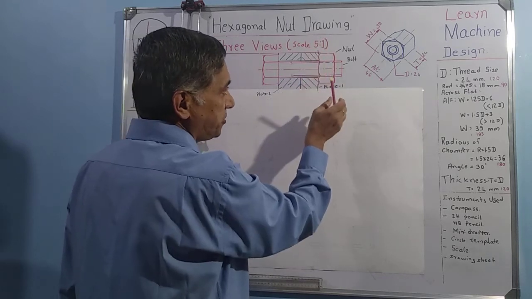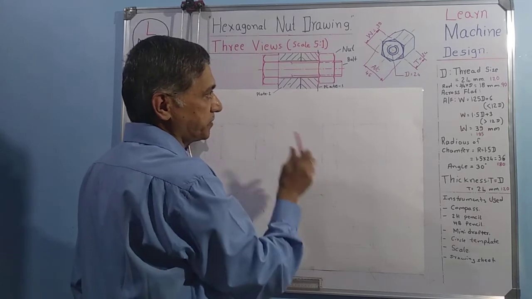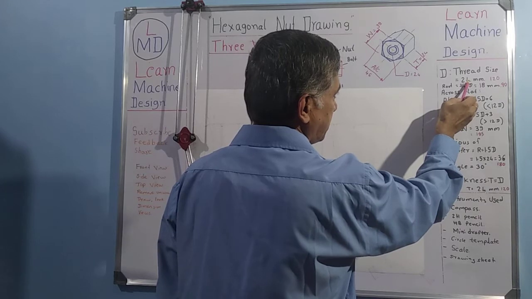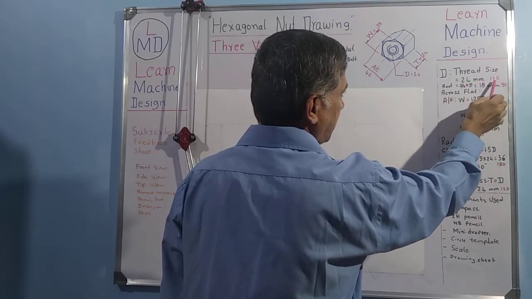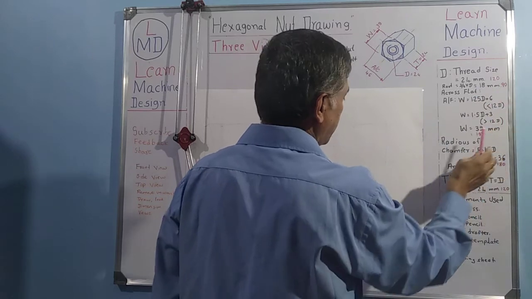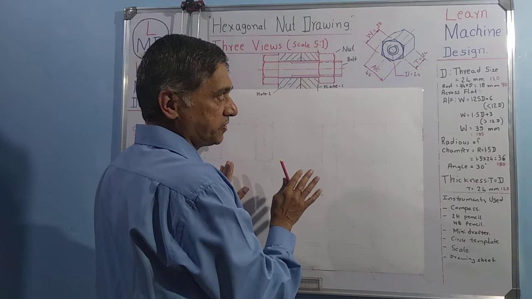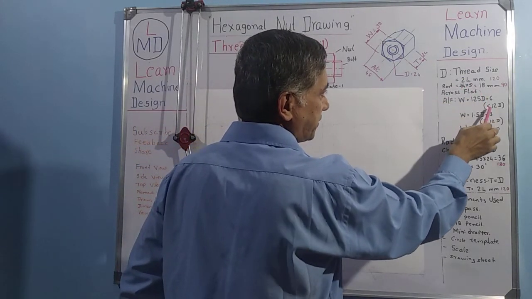That means 1 millimeter is considered as 5 millimeter for drawing purposes. That is the reason I multiply 24 millimeter by 5, which becomes 120 millimeter. This is the actual size of this drawing, but for your purpose, you can take this for your drawing.